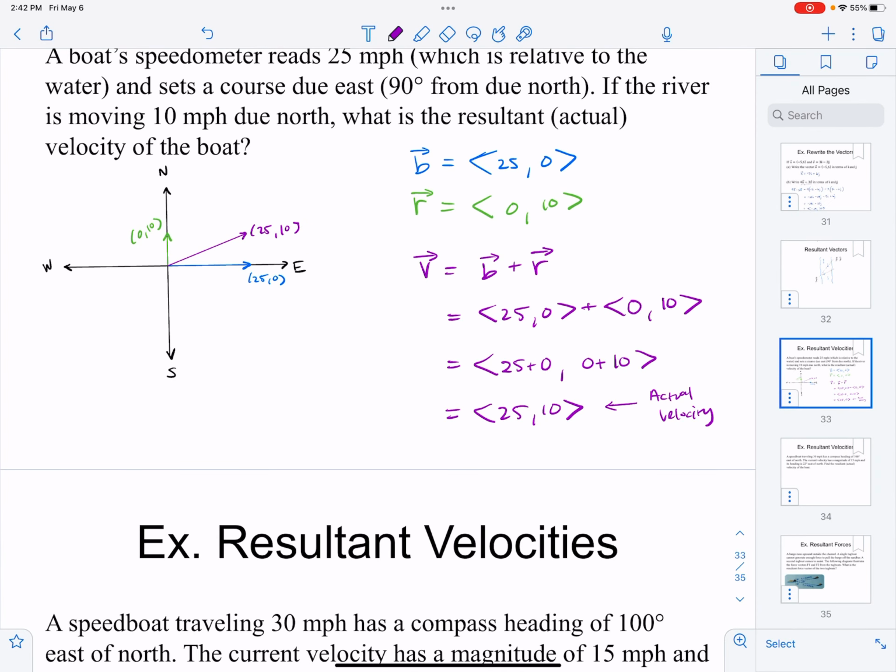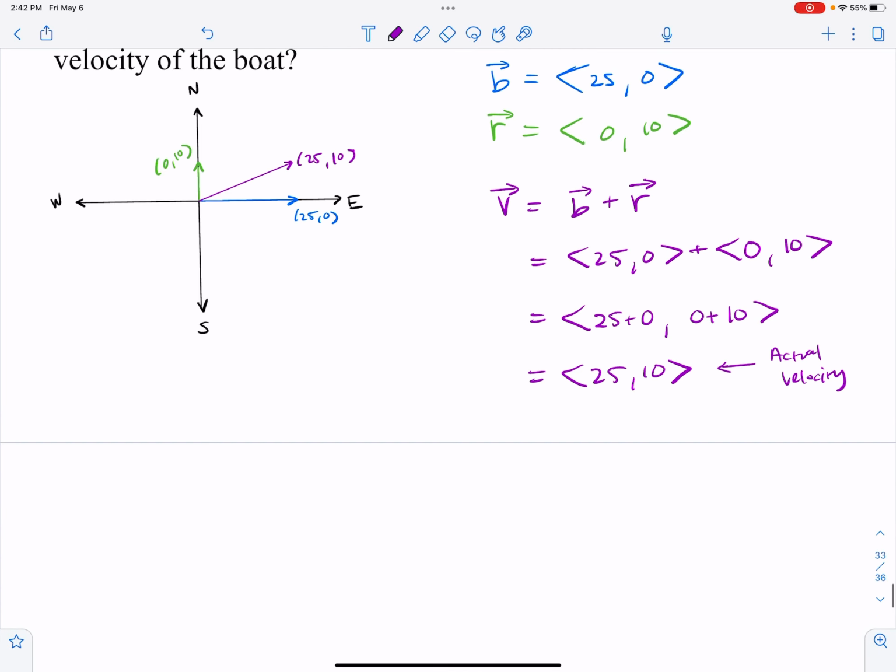I'm going to give myself an extra page here. So the magnitude of vector V, the actual velocity, would be the square root of 25 squared plus 10 squared.